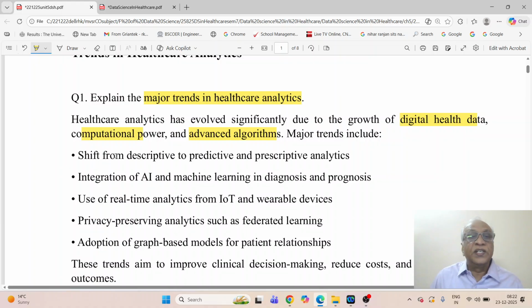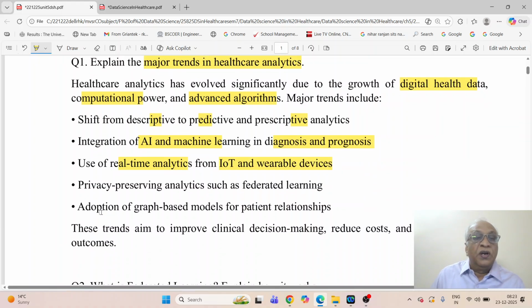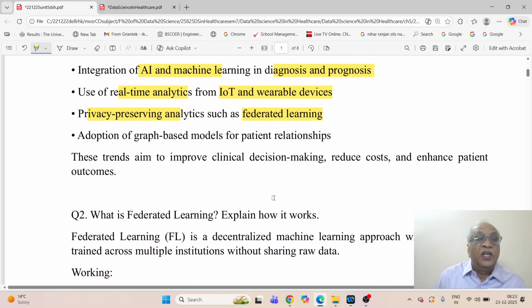Major trends include the shift from descriptive to predictive and prescriptive analytics, integration of AI and machine learning in diagnosis and prognosis, use of real-time analytics from IoT and wearable devices, privacy preserving analytics such as federated learning, and adoption of graph-based models for patient relationships. These trends aim to improve clinical decision making, reduce cost, and enhance patient outcomes.